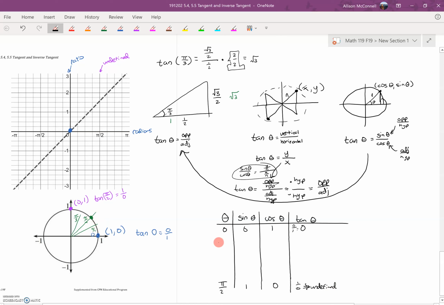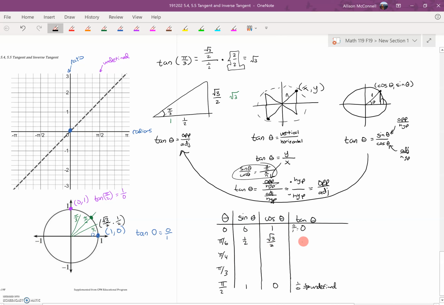Now, if we go ahead and think about pi over 6, pi over 4, and pi over 3, then we can start filling in those values as well. So here, for pi over 6, sine would be 1/2, and cosine would be root 3 over 2.